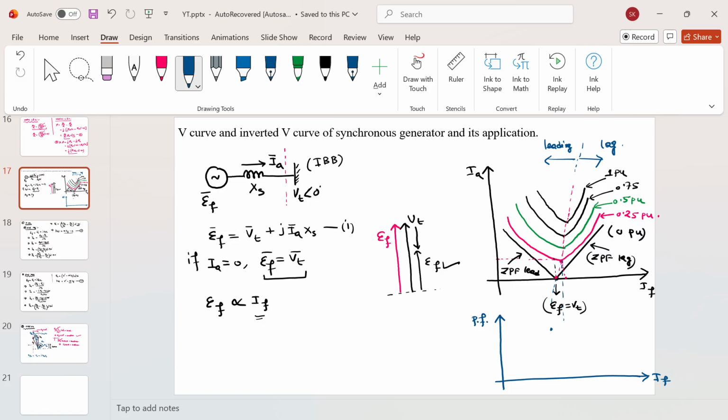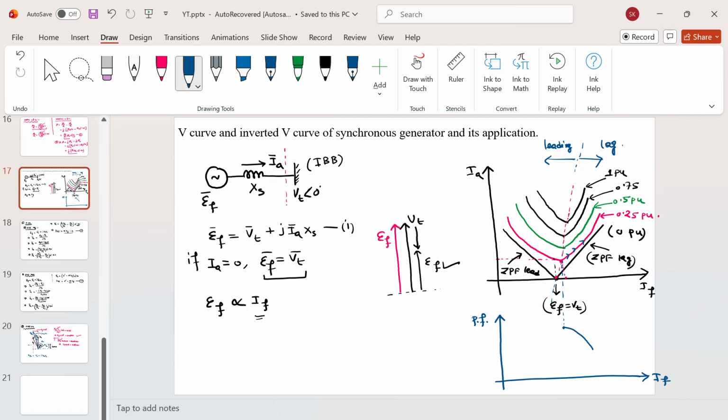So here this will be the maximum power factor, that is unity. As I move further, operating power factor will be lagging in nature, so it will be like this. As I move further, my operating power factor will move from 1 to 0.95, to 0.9, so it will decrease.